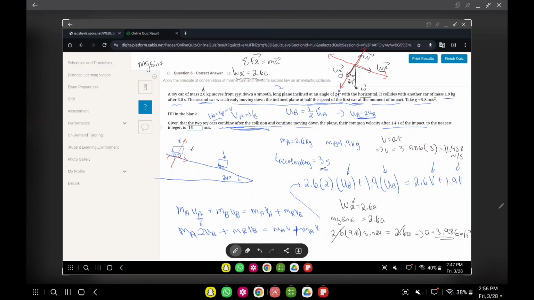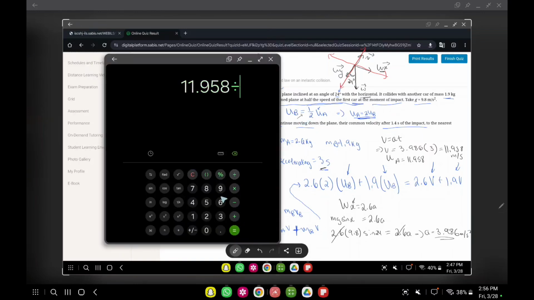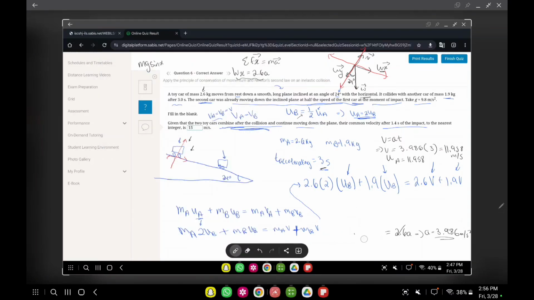This is the initial velocity of what? Object A. And I have it here in terms of UB. And we know that UB is just half of UA, so let's divide this by 2 and get 5.979.